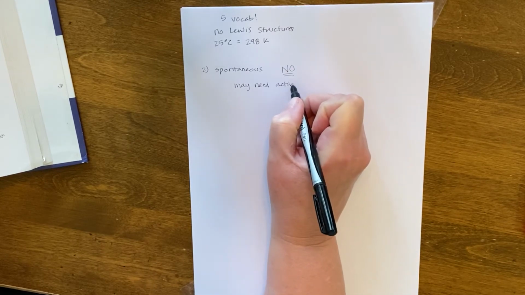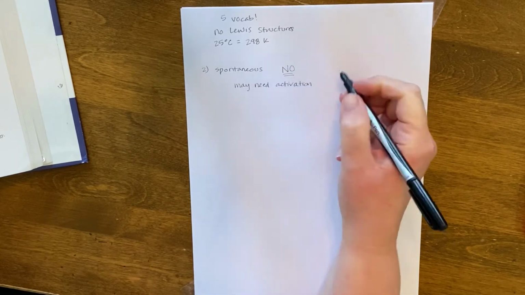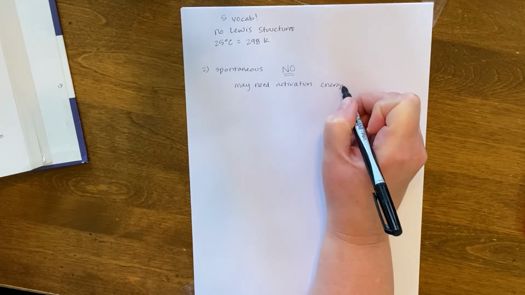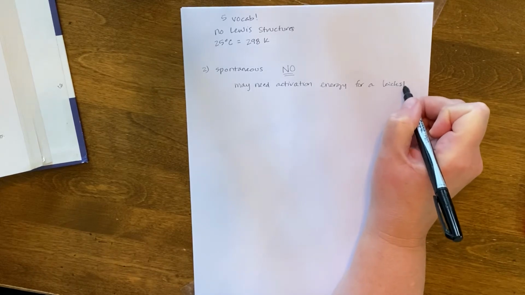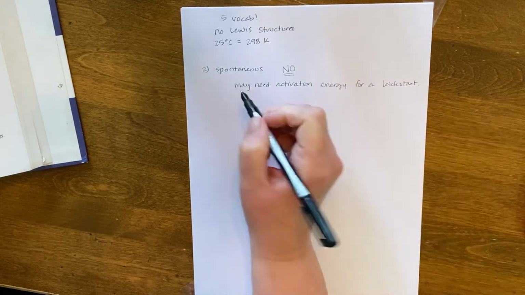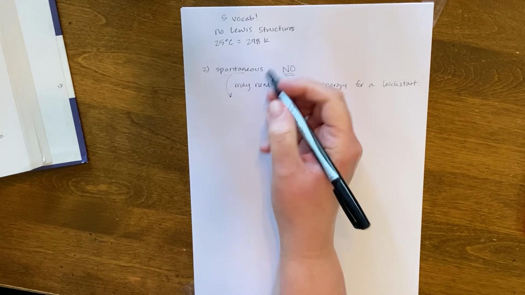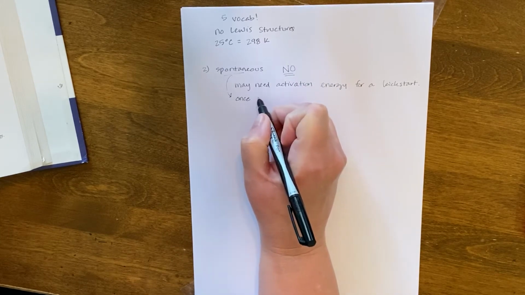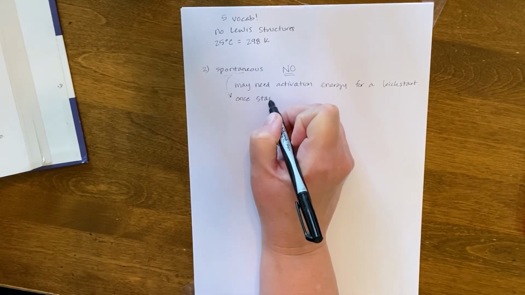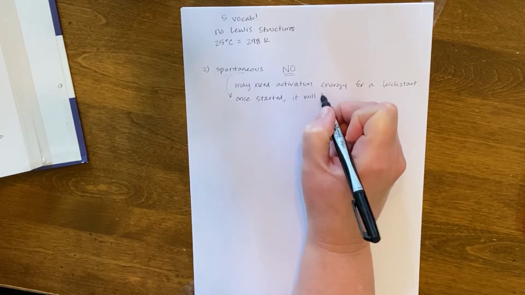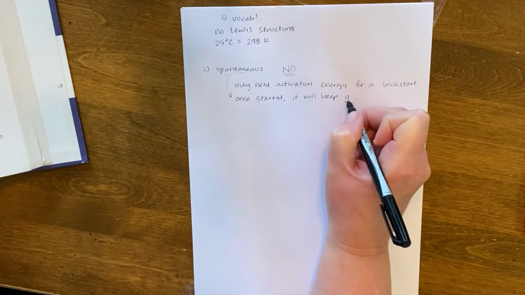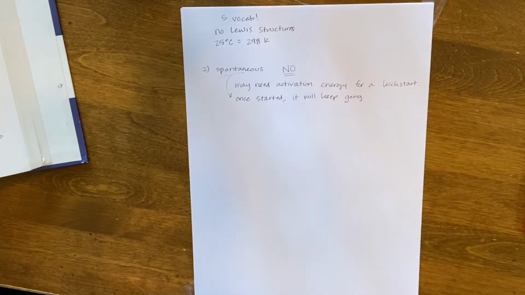Okay? So they may need activation energy for a kickstart. Spontaneous just means that once the reaction is started, it will keep going by itself. The classic example that we've been talking about in this chapter is a piece of paper burning.